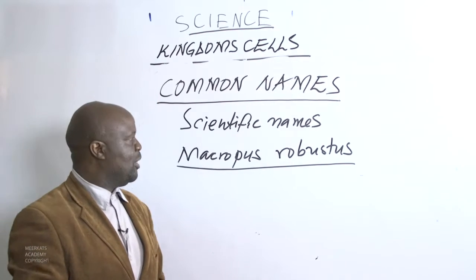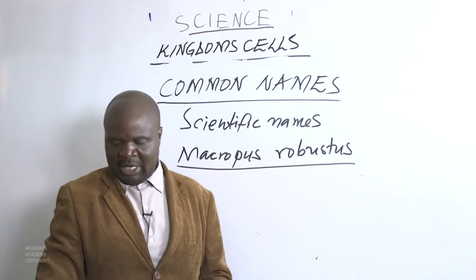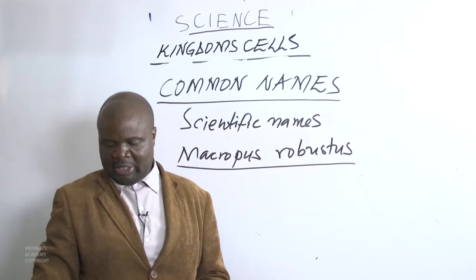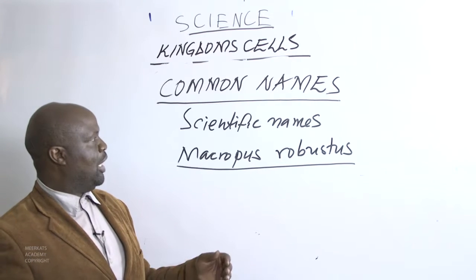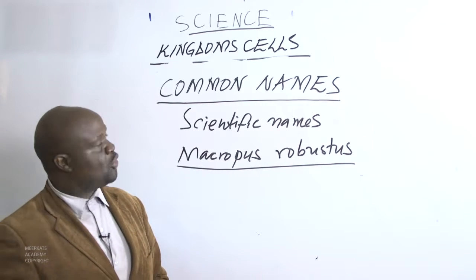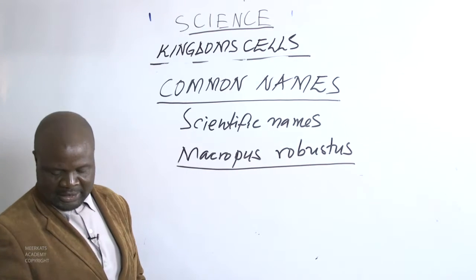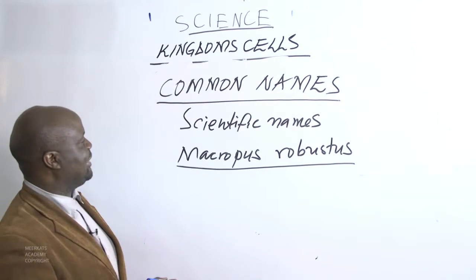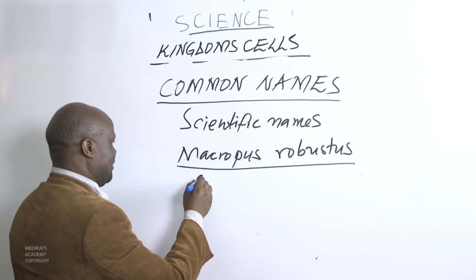It can confuse. But there is a scientist who came up with a scientific way of giving names, and that way simplified the process of giving names to the organisms that are found within the kingdoms. This scientist was a Swedish scientist. He saw there was a need of standardizing names.